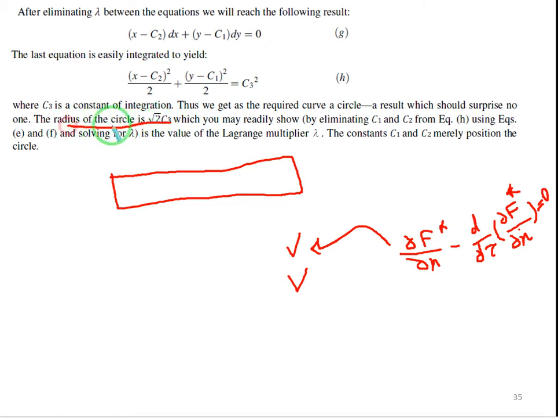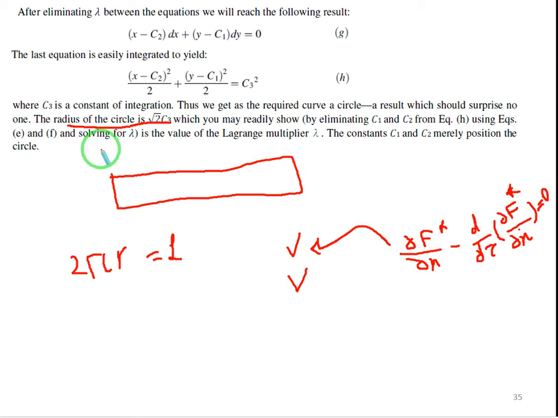I mentioned it here, and this parameter helps us to calculate the value of C3, because we know the total length of the rope, that is, 2 pi r is equal to L. We know L and r are related to this parameter, and we can easily calculate C3, which is relevant to our unknown lambda.